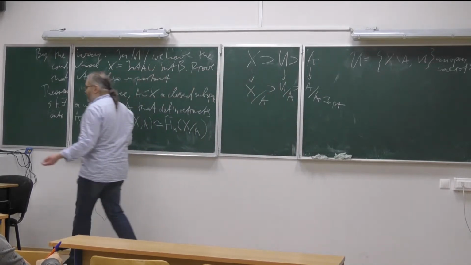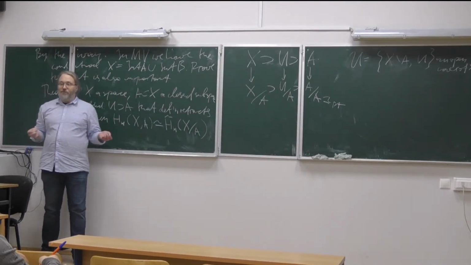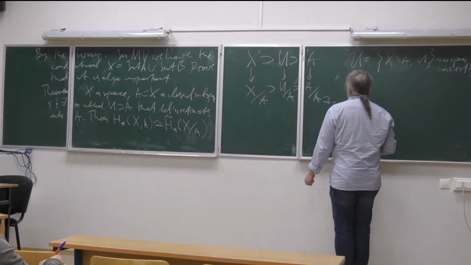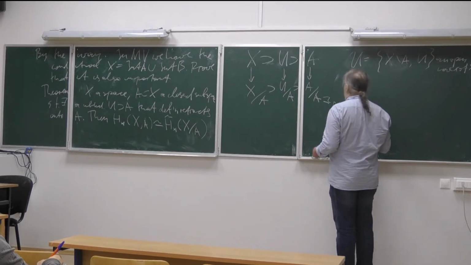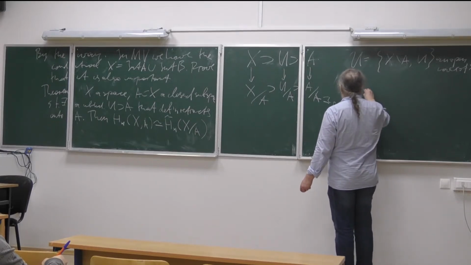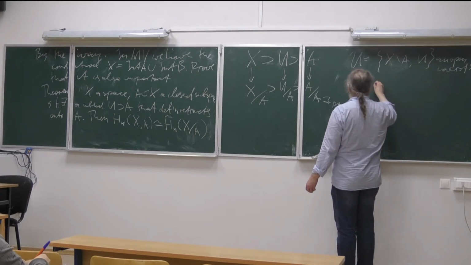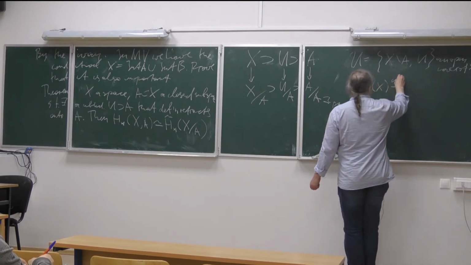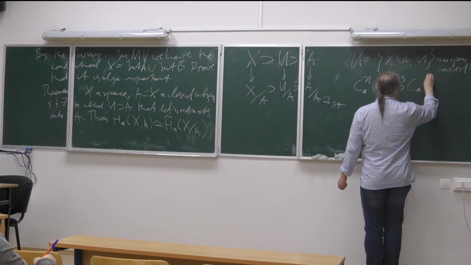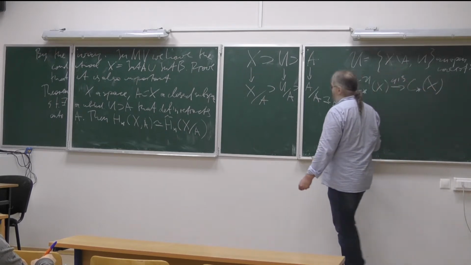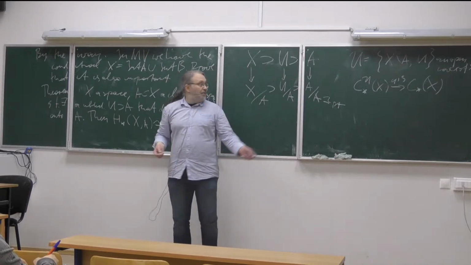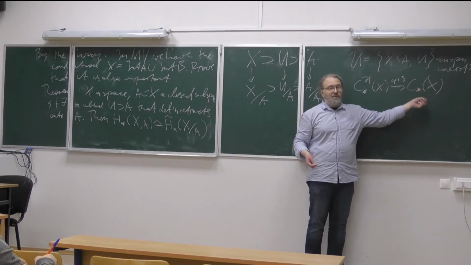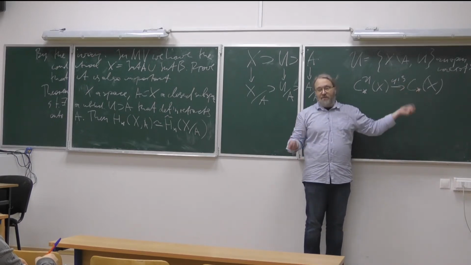So we have an open cover consisting of two elements, X minus A and U. We know from last time that the inclusion of C^U(X) in C(X) is a quasi-isomorphism.